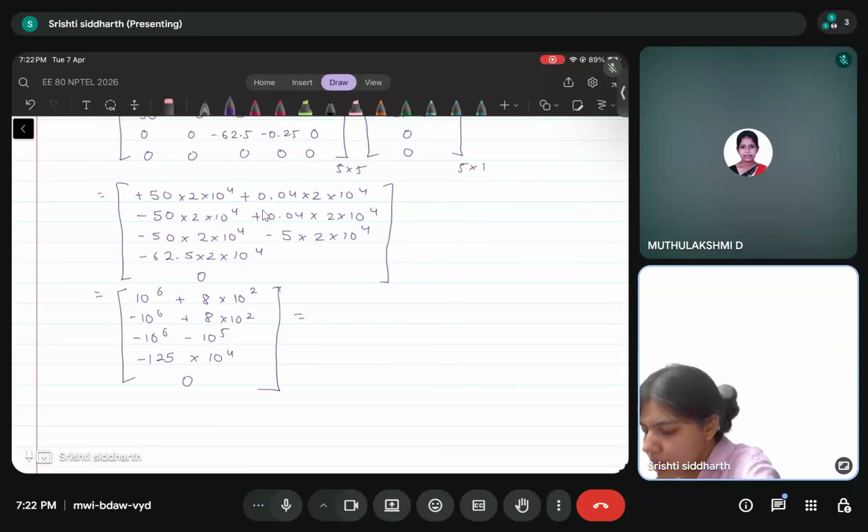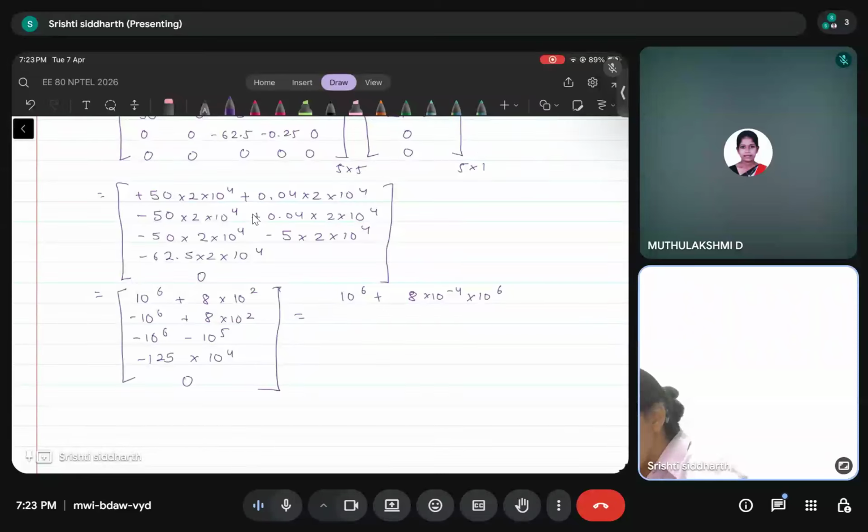So this becomes 10 to the power 6 plus, okay, so this is going to be, right. So this is 1.0008. 1.0008 into 10 to the power 6.